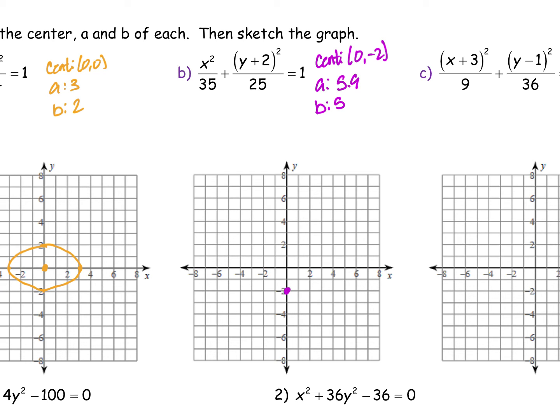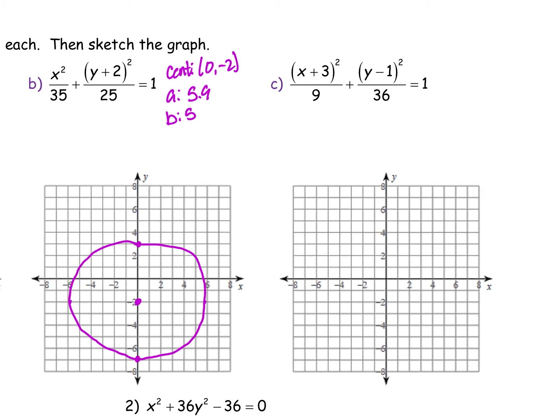And 1, 2, 3, 4, almost 6, and then 5: 1, 2, 3, 4, 5. Okay, there's a really bad oval, but yeah, there you go.